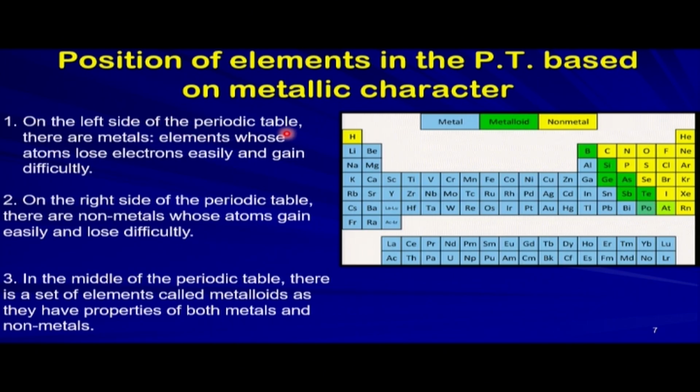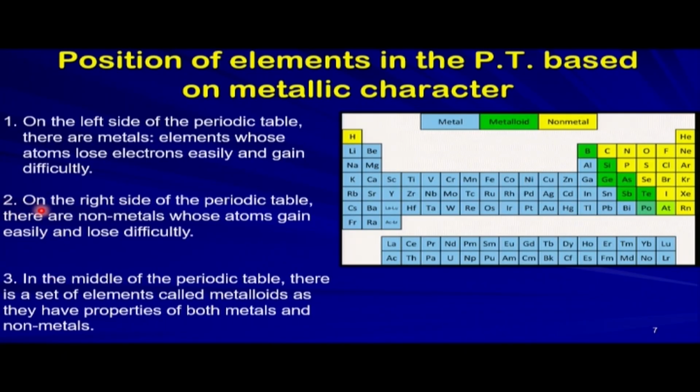On the left side of the periodic table, there are metals, the elements whose atoms lose electrons easily and gain them very difficultly. Here there is hydrogen, which is a non-metal, but we place it in the first group, even if it is a non-metal, because it has a single electron. So that is an exception.